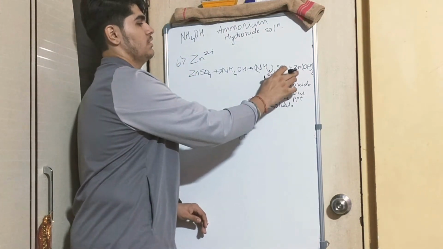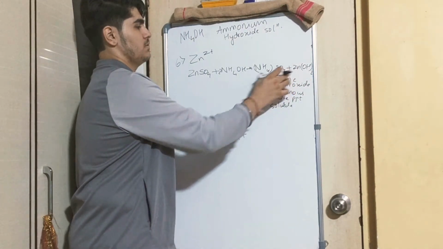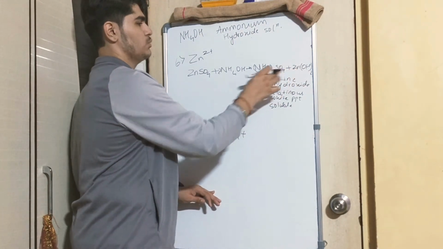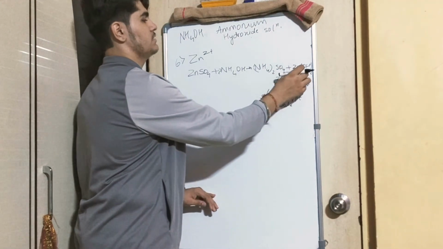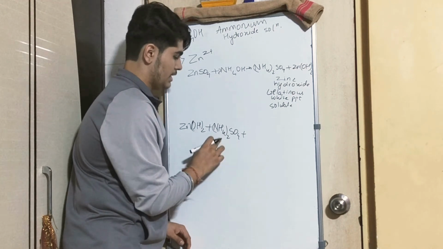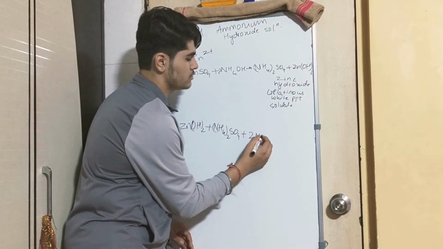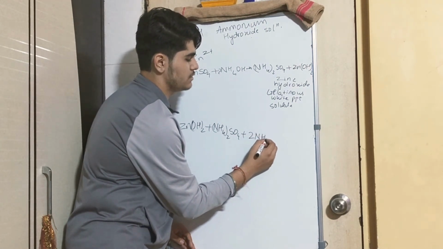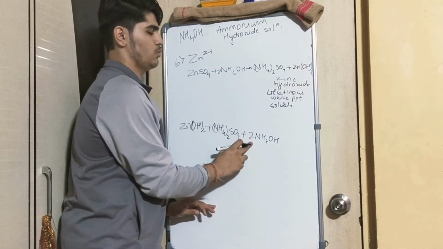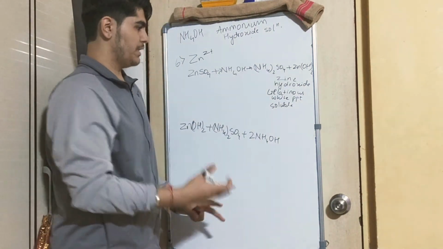Because this is the solution which we get. We separate it out by different methods, but when we are reacting the excess, we are also taking this. You can even neglect this and take only the zinc hydroxide solution, but if we are taking (NH4)2SO4, that is ammonium sulfate, we have to take 2 moles of NH4OH, and if you are taking only Zn(OH)2, you have to take 4 moles of NH4OH, but the product which we get is a bit different.